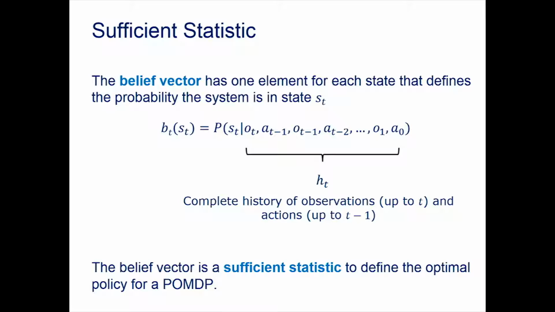And the belief vector that I just talked about is a sufficient statistic for POMDPs, meaning it encodes all the information you need to make an optimal decision. And so what does this belief represent? This is one element of that belief vector.